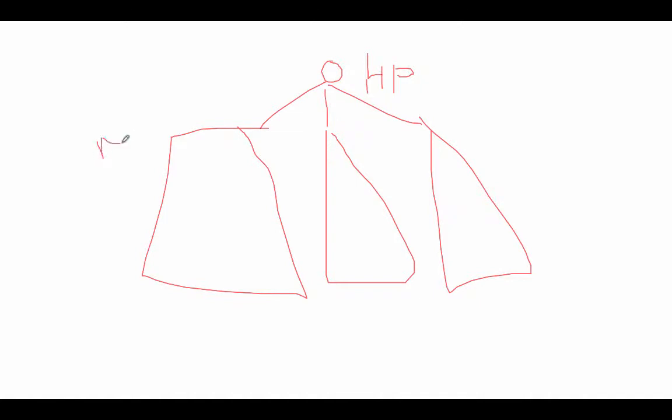So maybe this is for researchers, and then maybe this is for students, and so on, and this is for yet another category of users. So that's one possible way to structure your website, where each subtree corresponds to a different user category.